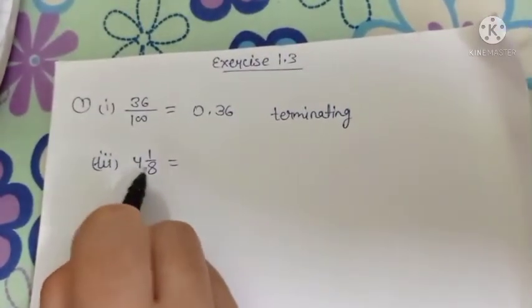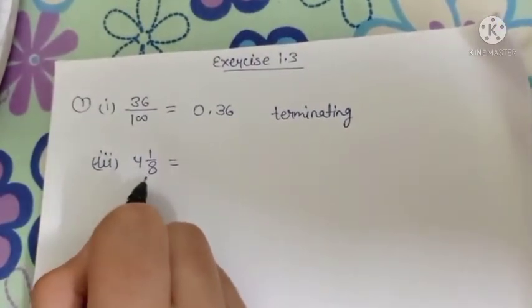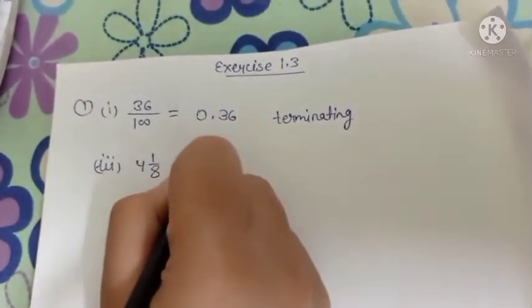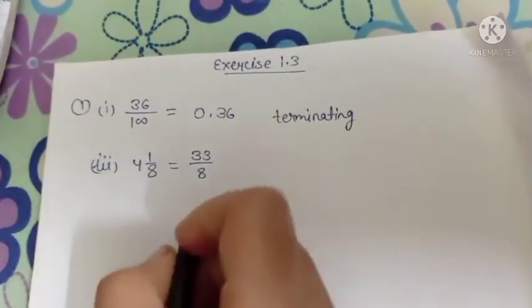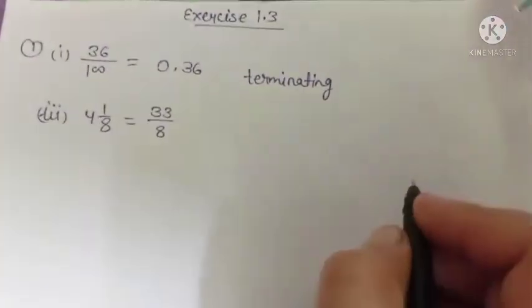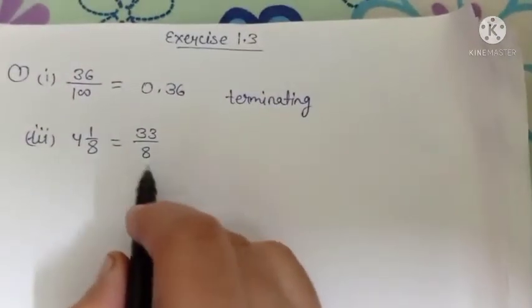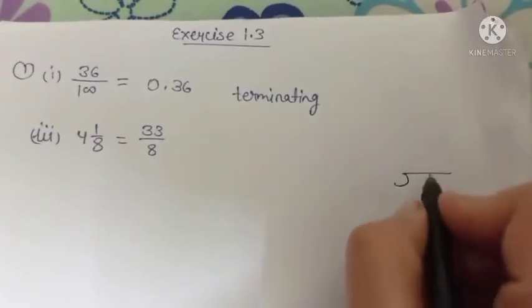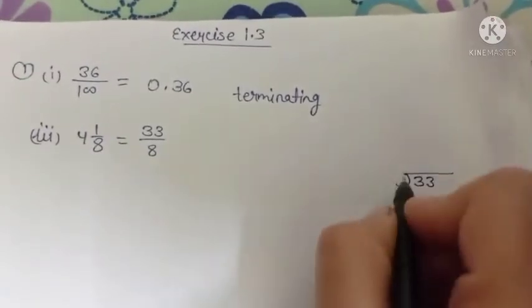So we multiply 4 into 8, which is 32, and plus 1 is 33. So it is 33 upon 8. Now for which we divide 33 by 8.